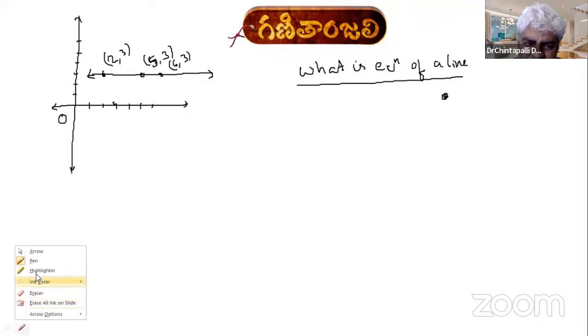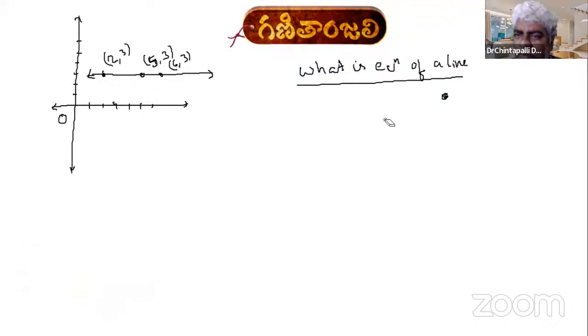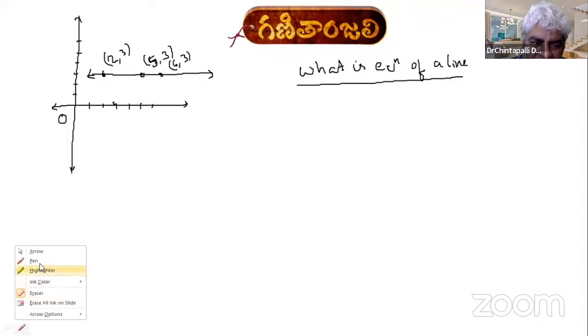Just in our colloquial language, property of the points of a line is called its equation. Generally, when we are in a discussion, we mention that girl as the tall girl. That means that is the identification of that girl. Like that, if we want to identify this line, what is its property?